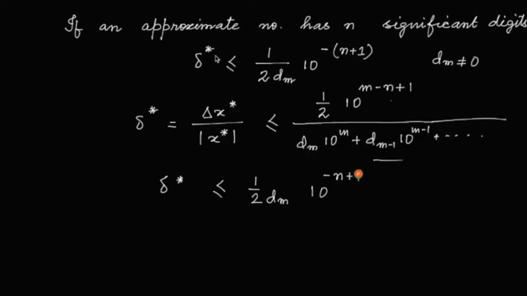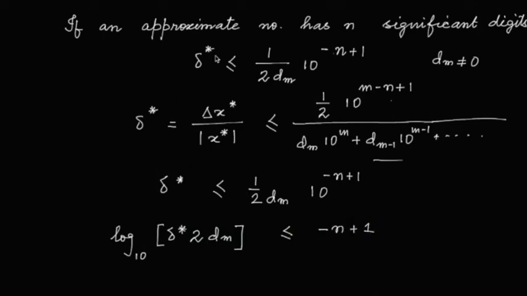So this is not correct. And at this point, it is useful to take a logarithm on both sides. So I can take a log 10 of, we'll see something interesting happens shortly. This is lesser than or equal to minus n plus 1.